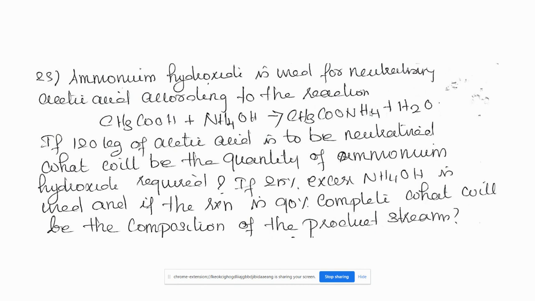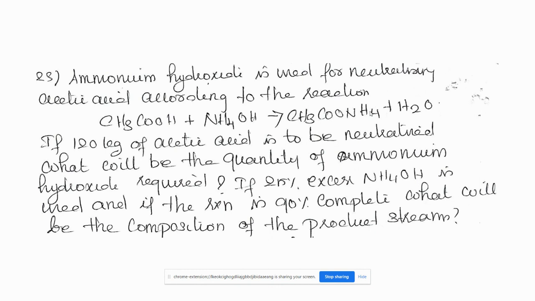If 120 kg of acetic acid is to be neutralized, what will be the quantity of ammonium hydroxide required? If 25 percentage excess NH4OH is used and if the reaction is 90 percentage complete, what will be the composition of the product stream?